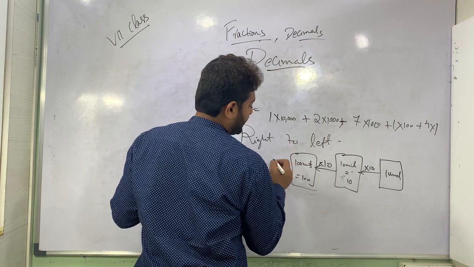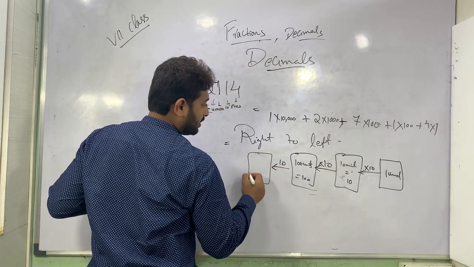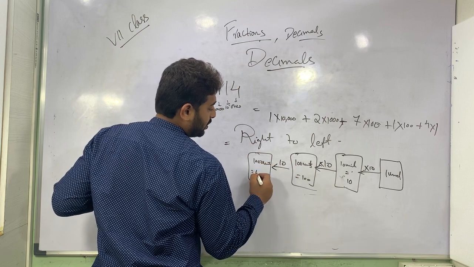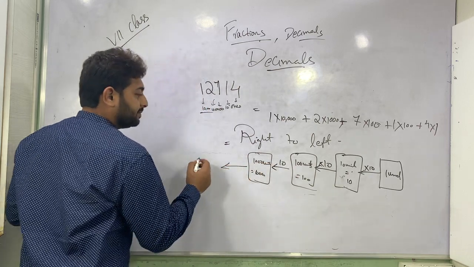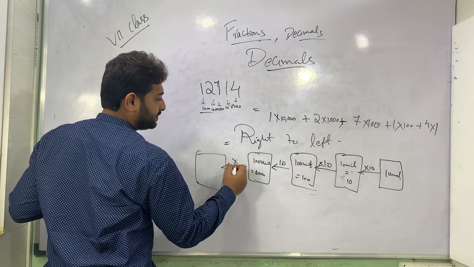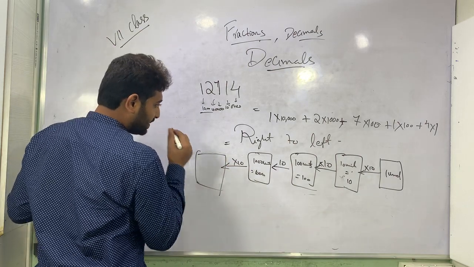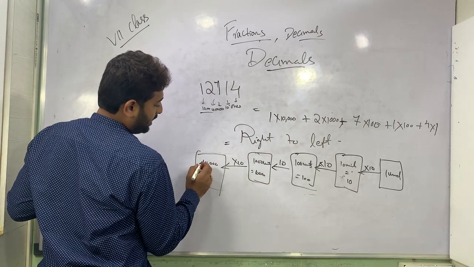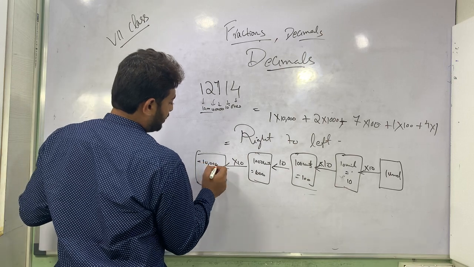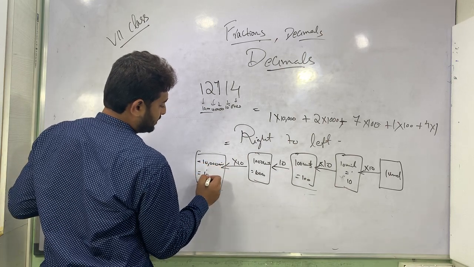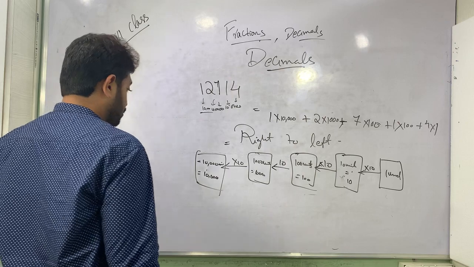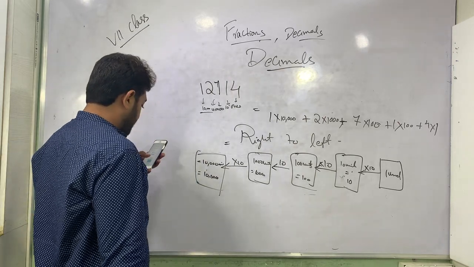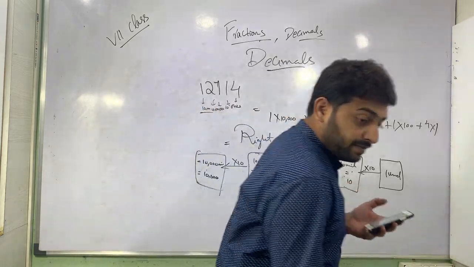Again, when you multiply by 10, you get 1,000 units, equal to 1,000. Again, into 10, that would be 10,000 units, equal to 10,000. So that is how it goes. Now when it comes to a decimal form, it goes from left to right.